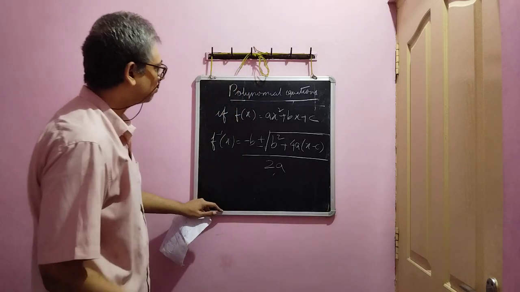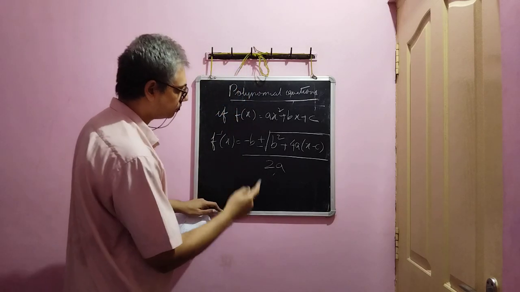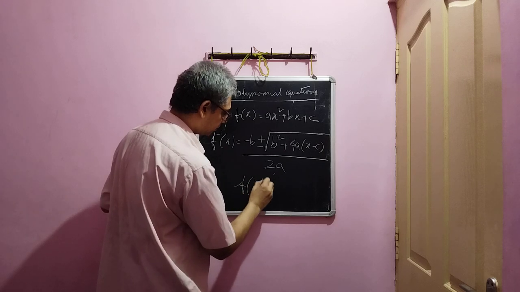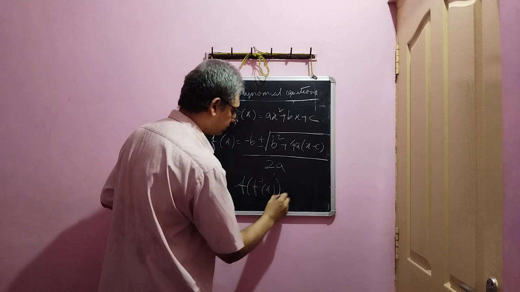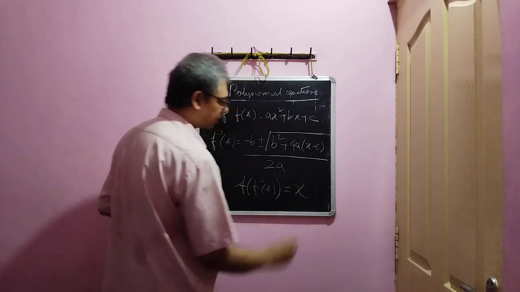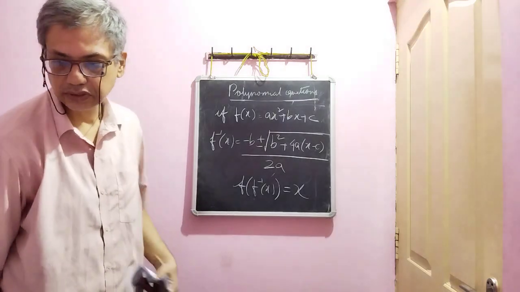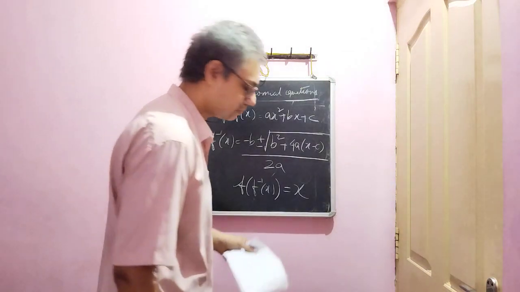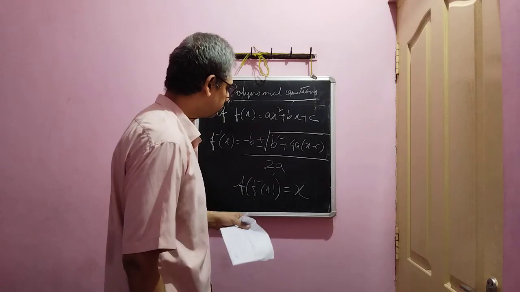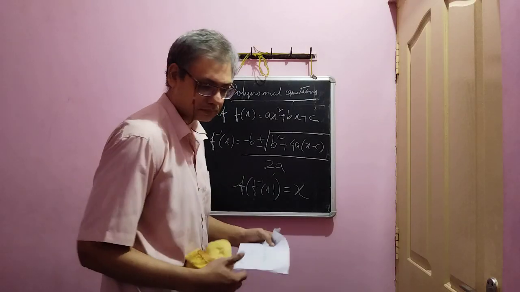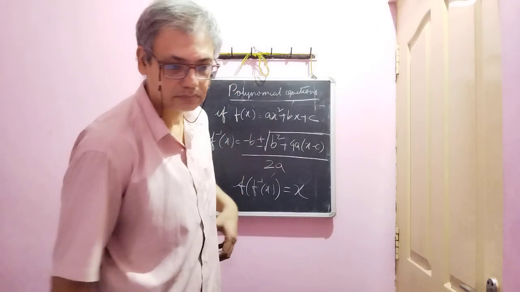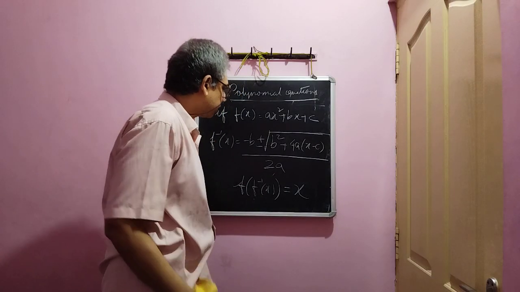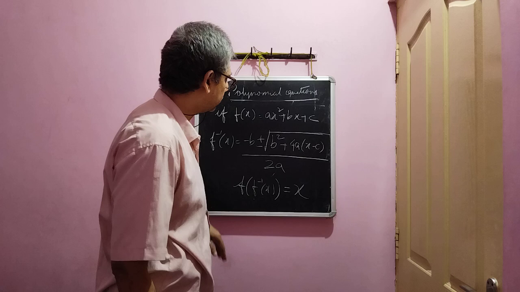You can verify that this f inverse of x is indeed true by verifying that f of f inverse of x will be equal to x. So this will always be true. x will always be equal to x.